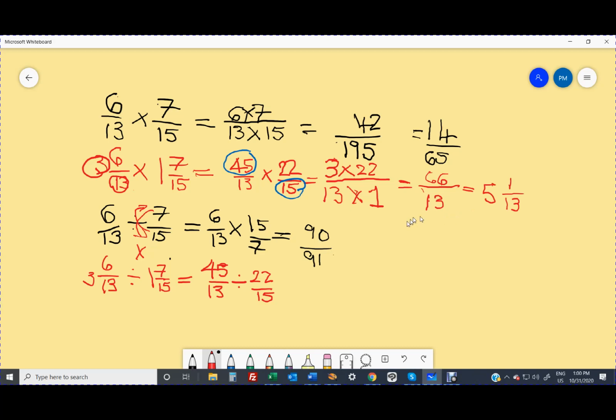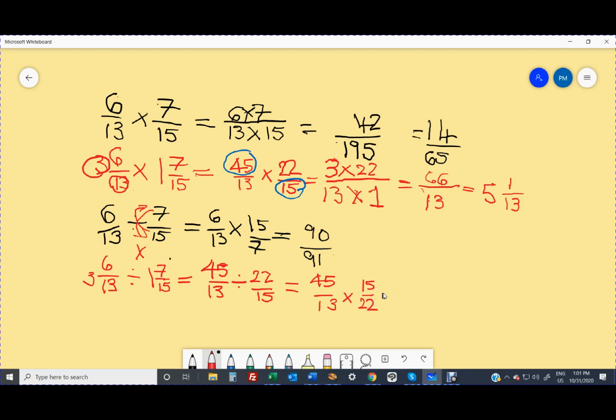We can go equals 45 divided by 13 times 15 divided by 22.